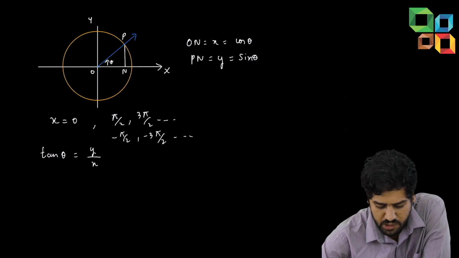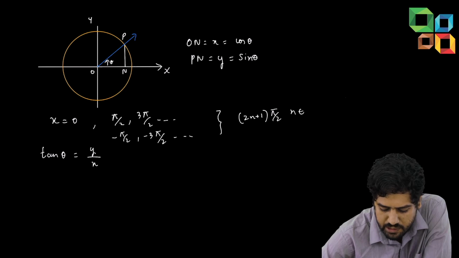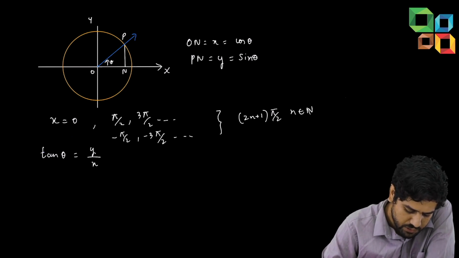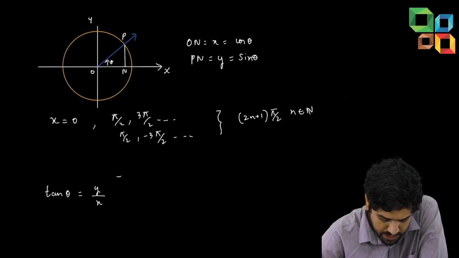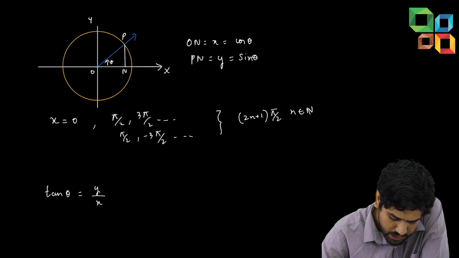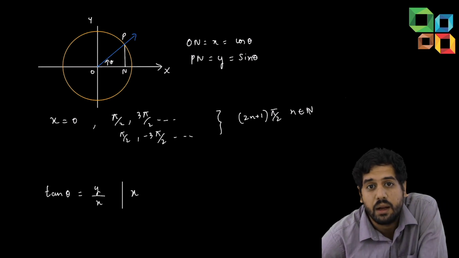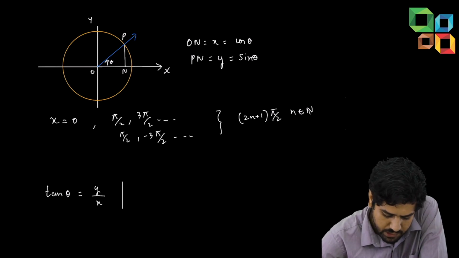And so a general formula for this was 2n plus 1 times pi by 2, where n is a natural number, right? So the definition of tan theta will be tan theta is equal to y by x, provided x is not 0, so theta cannot be a few angles, right?